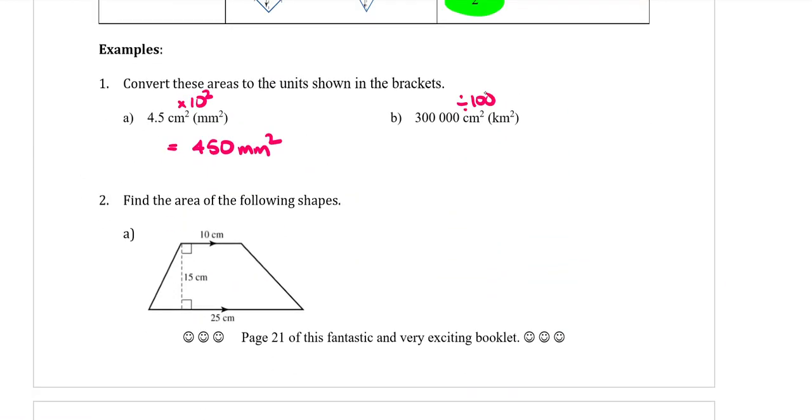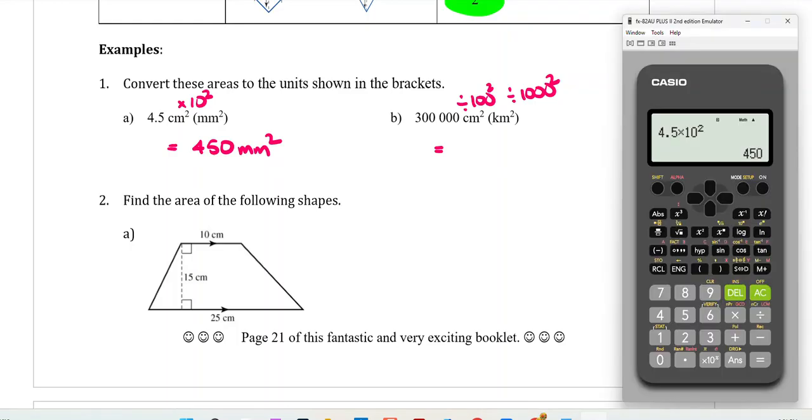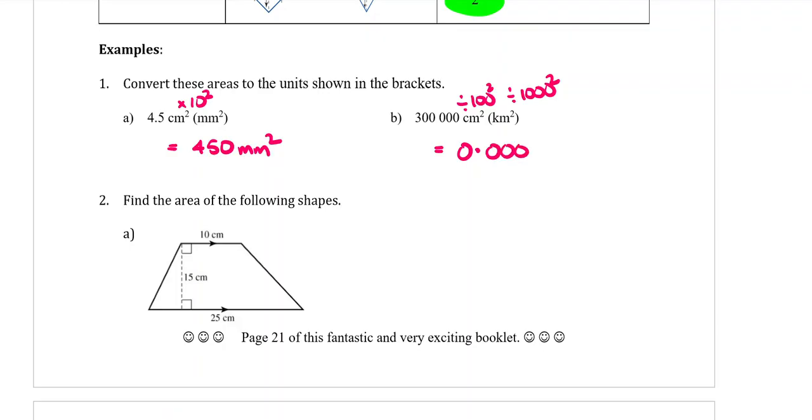And we get 300,000 divide 100 squared, divide 1,000 squared, which makes a very, very small number, 0.00003 kilometres squared.